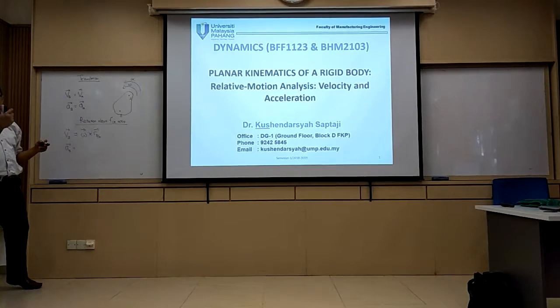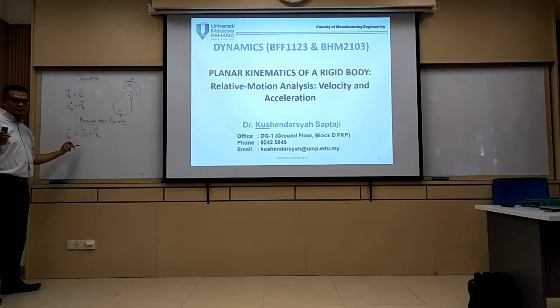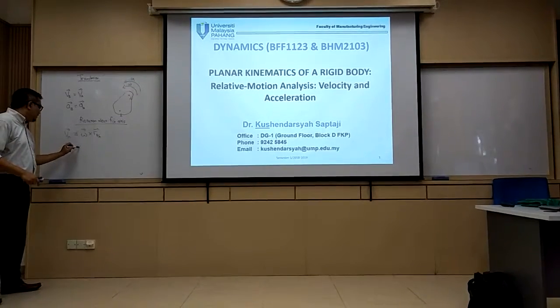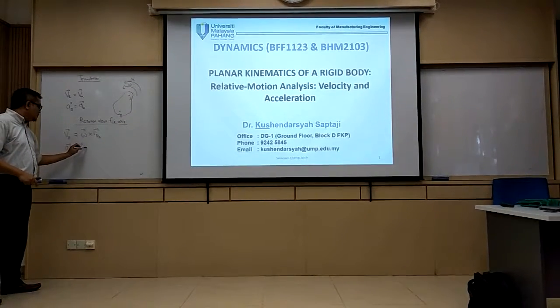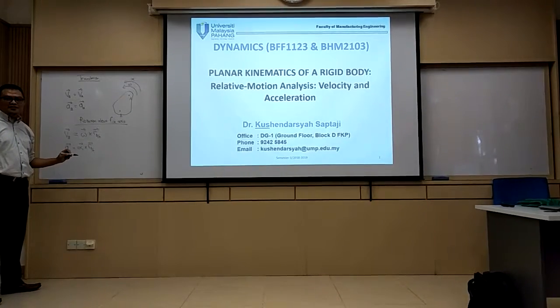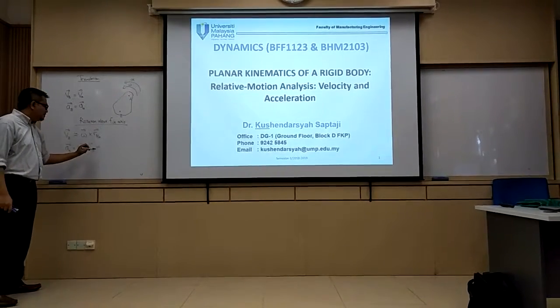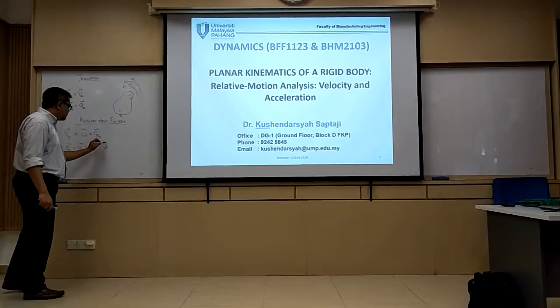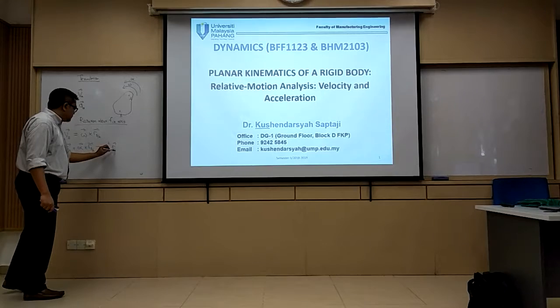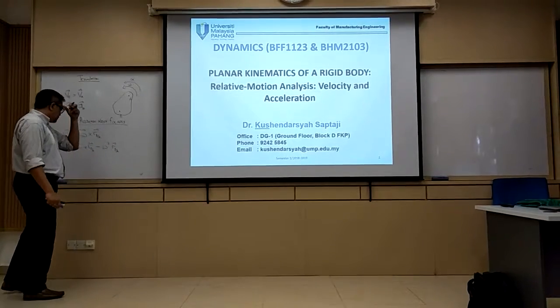Counterclockwise by rule is positive. So alpha cross R_BA, then plus or minus? Minus omega squared R_BA.